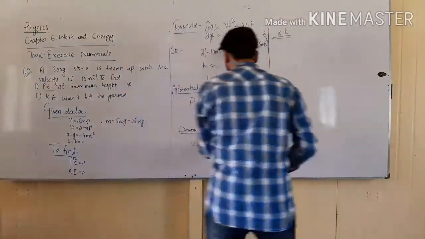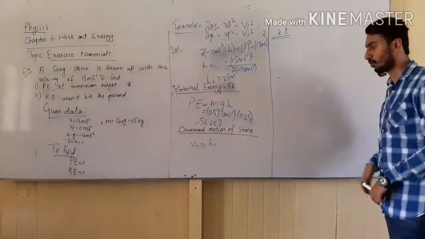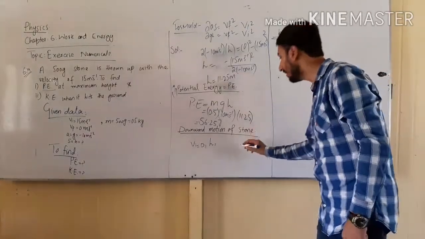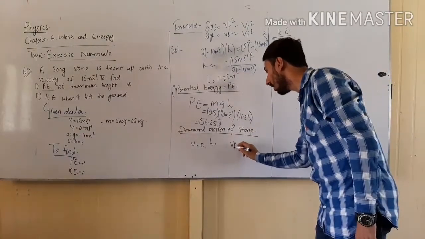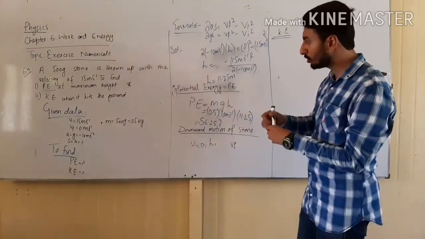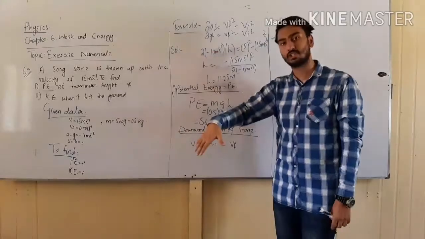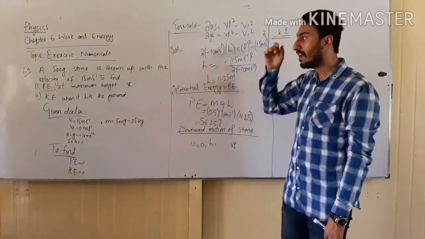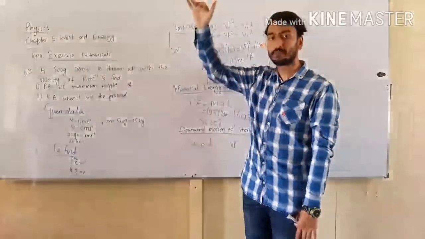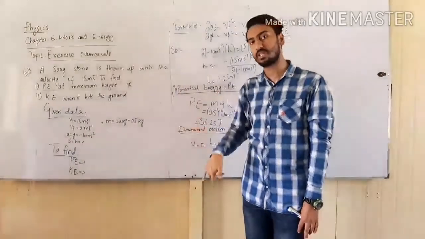Now I have written here downward motion of stone. In this case, we have to find our final velocity. Initial velocity is 0 because now stone is coming in the downward direction. So students, we know that when we throw something in the upward direction, at some point it stops and then it starts coming back to the ground.